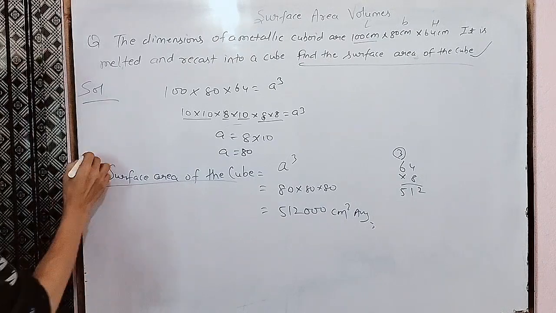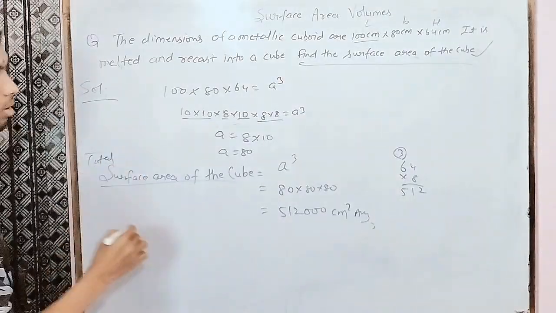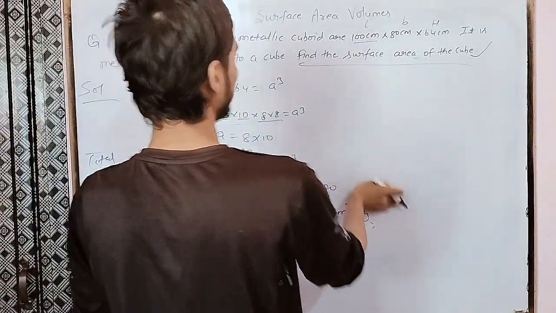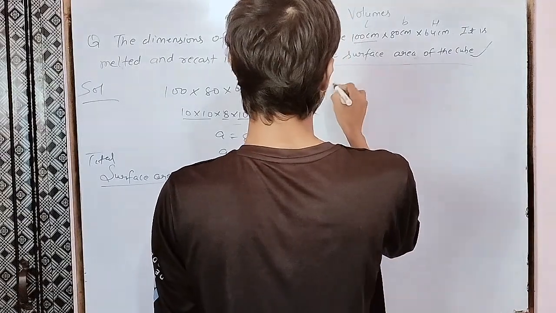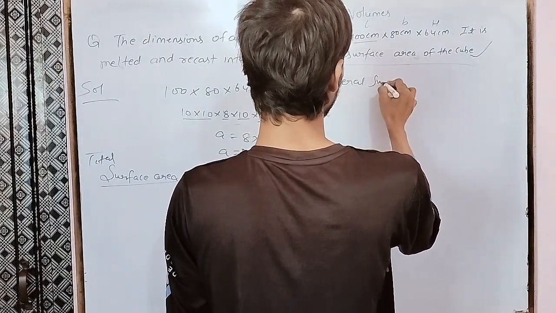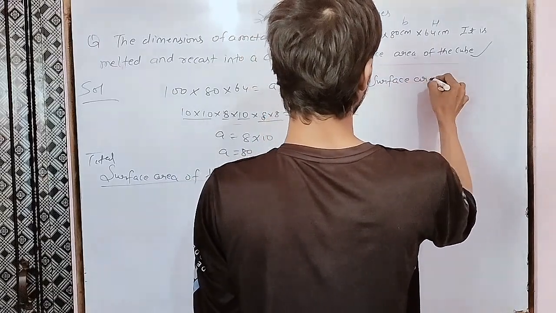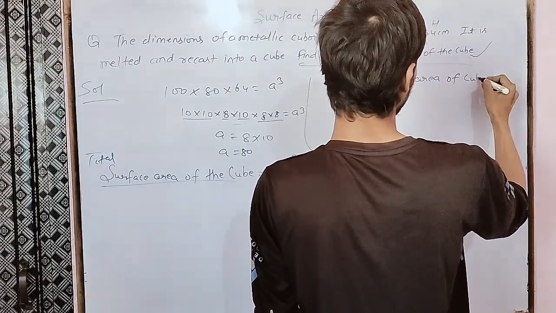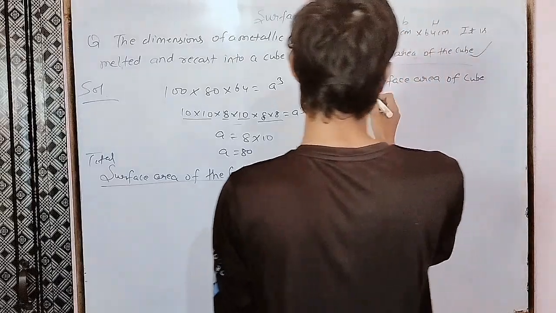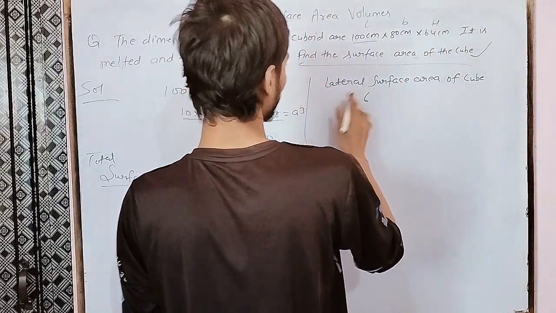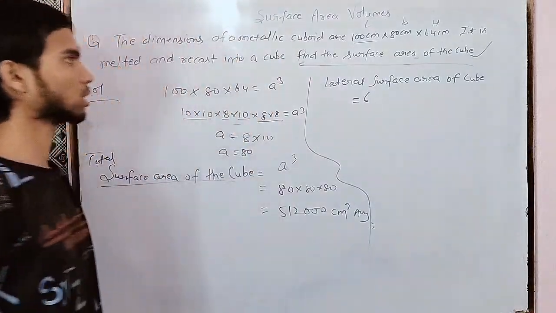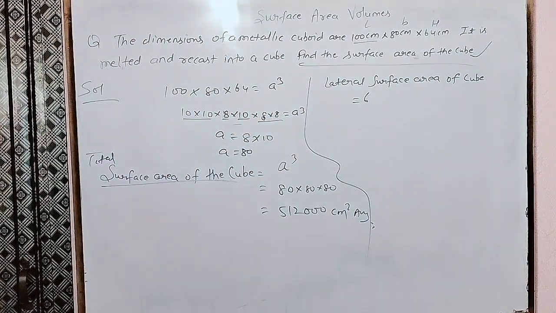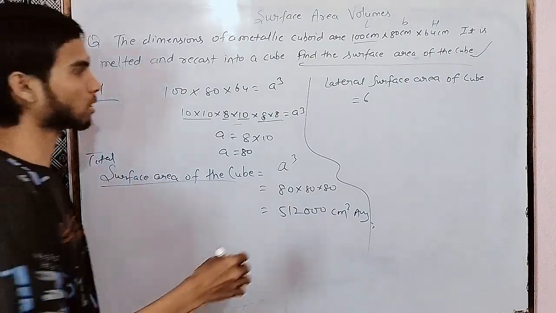I have found the total surface area. Okay, I have found the total surface area. For the lateral surface area of a cube, it would be what? A cube has 6 surfaces.